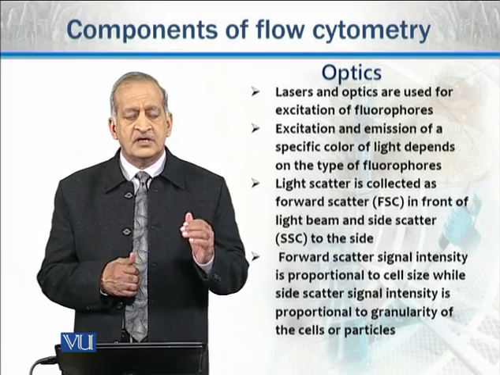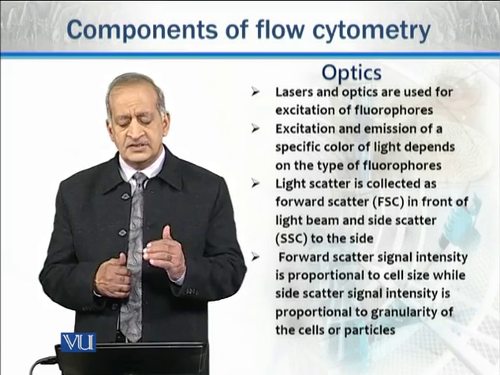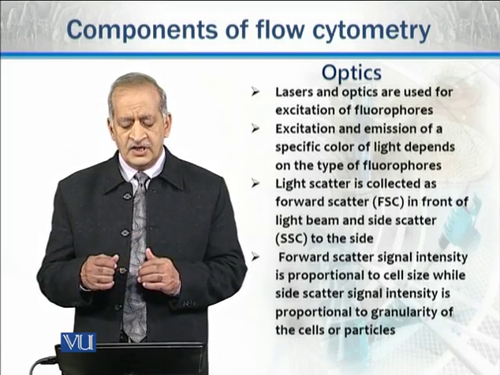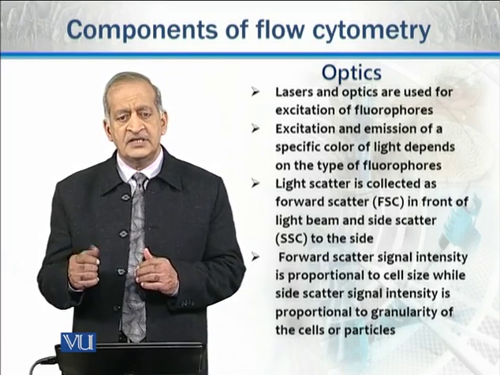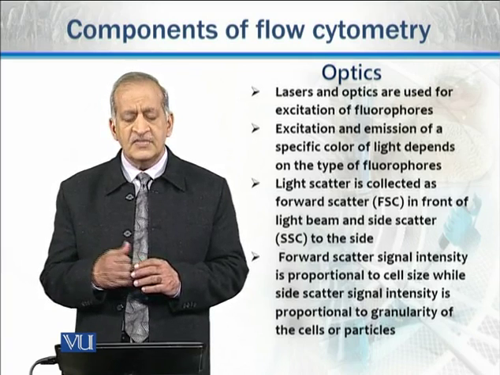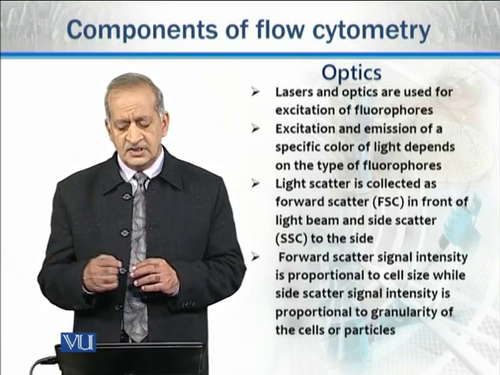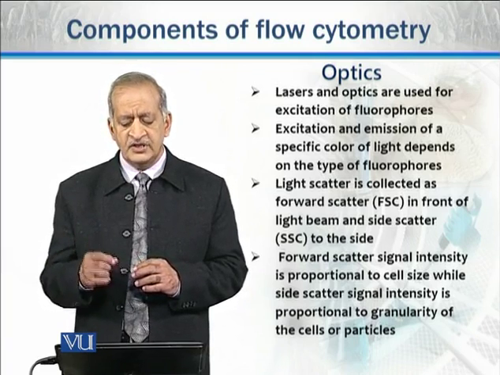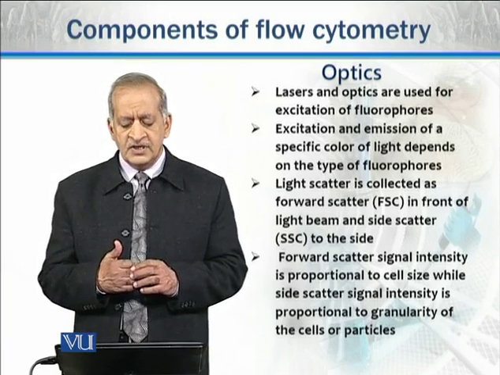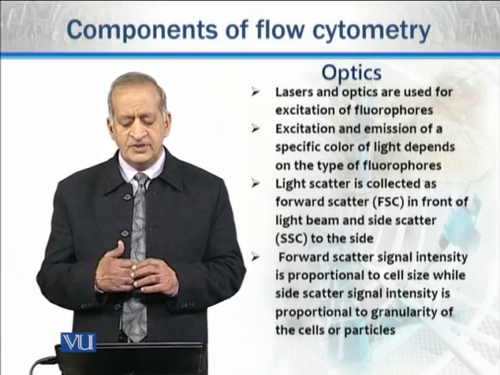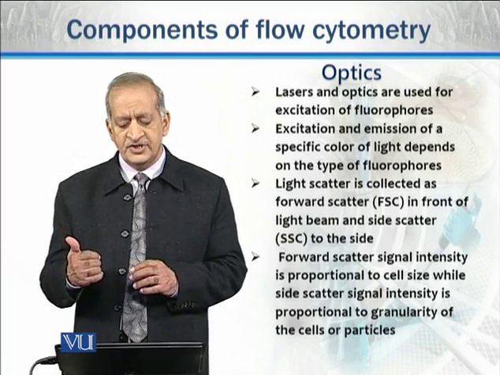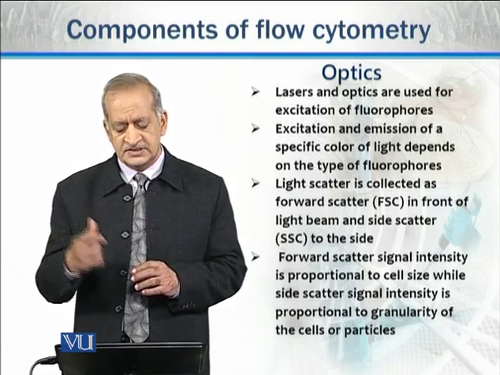When laser light is used, it produces two types of scattering: forward scattering, which is in front of the light beam, and the side scattering, which is on the sides.